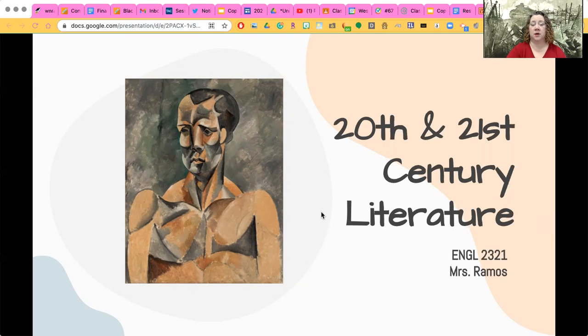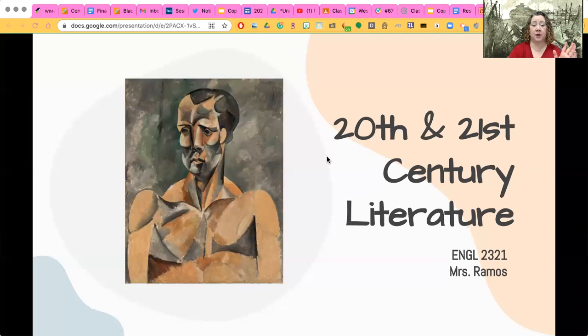The depiction here, I think this is a Picasso, is this contemplative figure who's shrouded in gray. The background is sort of seeping into him, and that I think is a good way to think about modernist writings. So 20th century literature focuses on the modernism movement, and the modernism movement is highly affected by the wars that were going on at the time.